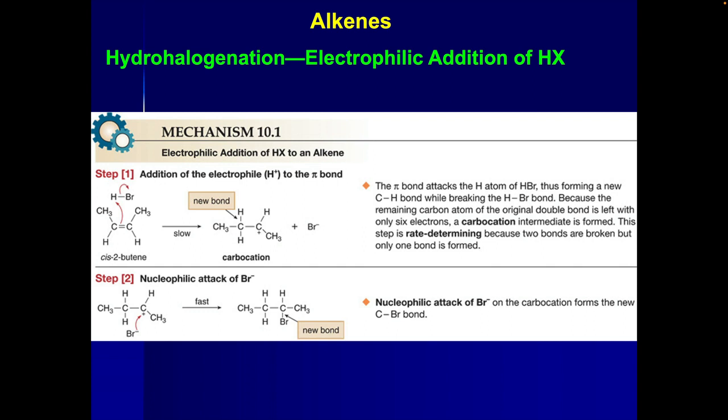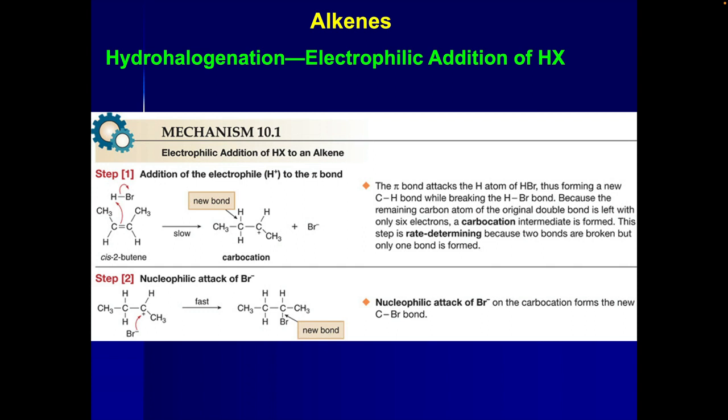The pi bond, what is a bond? A bond is a pair of electrons. Okay, so that's going to be where it's going to get its electrons, and so that means that this alkene is a what? If this is a Lewis acid, this must be a Lewis base, LB, right?